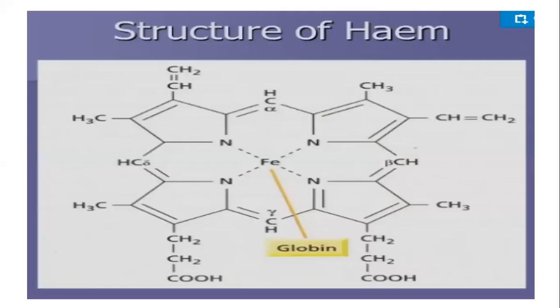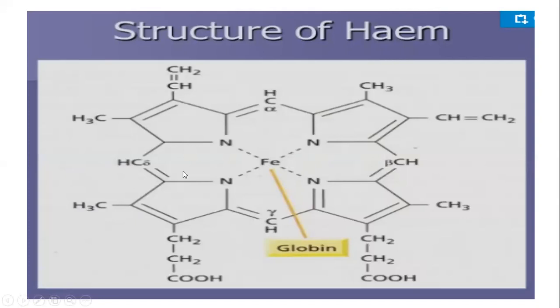Heme is basically nothing other than a protoporphyrin ring within which is the iron component. So you have a protoporphyrin ring with iron within it, and when you bring in the globin chain, you end up with hemoglobin.